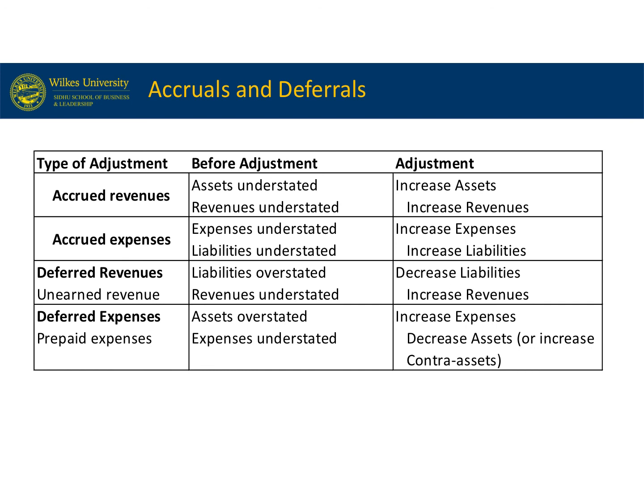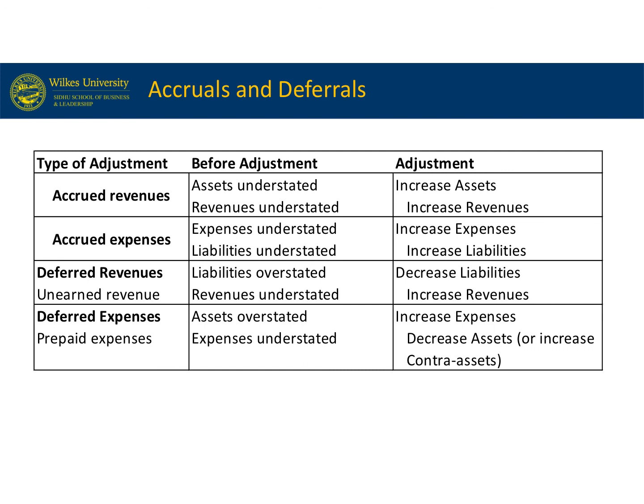For example, accrued revenues are the revenues that were earned and not yet billed. At this point, the company should be receiving payment, so the assets are understated. And they should have more revenue, but they haven't recorded them yet, so revenues are understated. The adjusting entry fixes that.